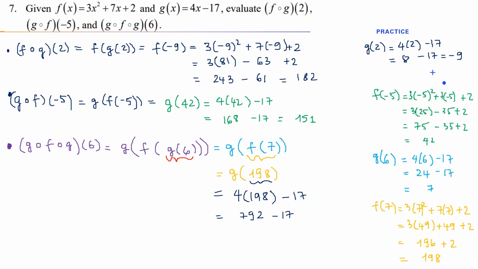Minus 17. 12, subtract 7 is 5. Write 5. Remember 1. 9 subtract 2 is 7. And then 7 subtract 0 is 7. So 775.